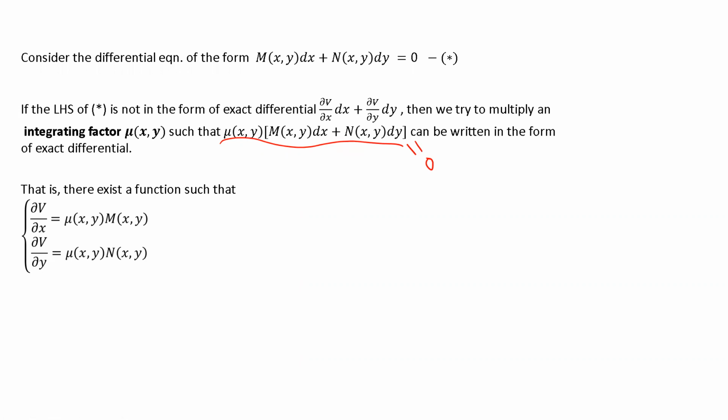We hope that we can really find this integrating factor, and if it works, then the job is just to find this v function. And the solution to this exact equation is just v equals constant, just like last time when we learned about the exact differential equation.